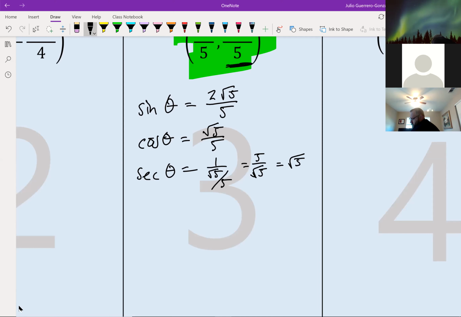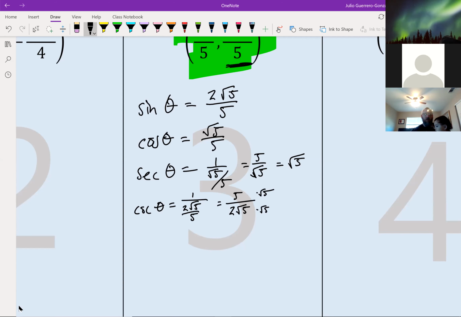Cosecant of the angle theta is 1 over sine. So it's going to be 1 over 2 square root of 5 over 5, which is 5 over 2 square root of 5. So this is where you get to multiply by root 5 over root 5.